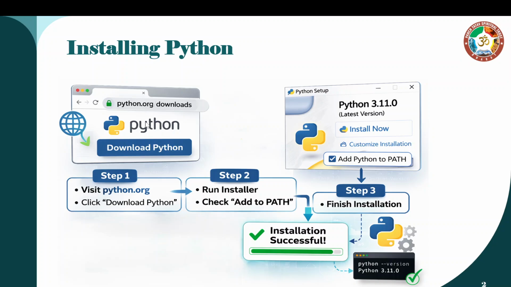So, Python software is the program that understands Python language and tells the computer what to do. So, the first step of learning Python is installing Python on your computer. So, now I will be showing you how to install Python on your computer.